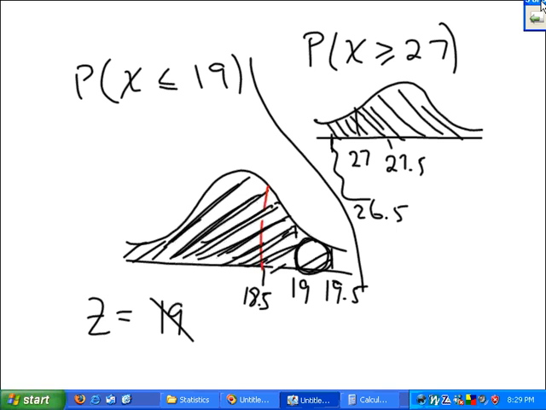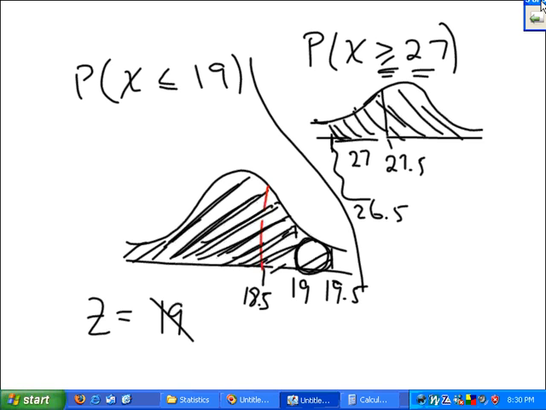Because if you started at 27.5, you wouldn't have any of this. You wouldn't have anything from 27 to 27.5. You have to at least include from 27 and above. So if you go to 27.5, it won't work. So what other choice do we have? To go from 26.5 and above. So that's what we would do there.